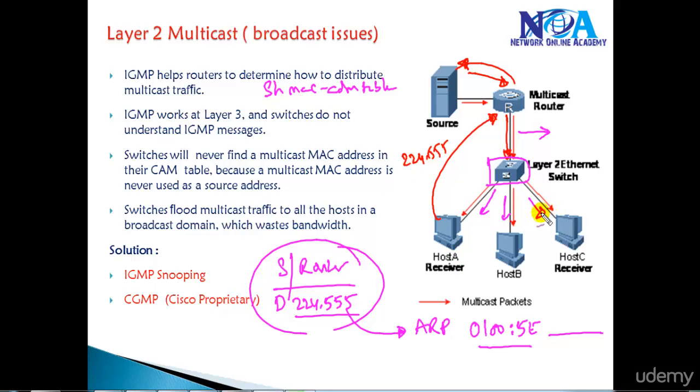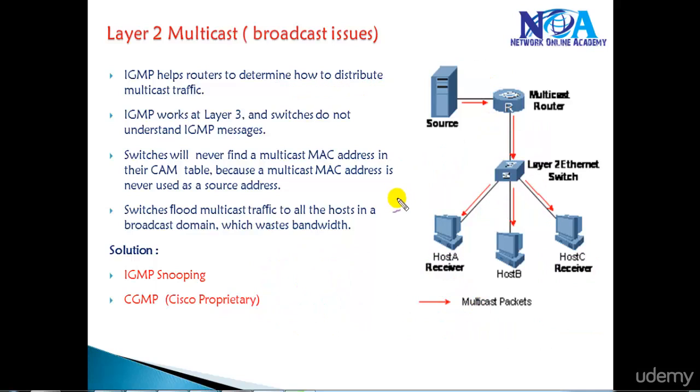Now there is a possibility that this particular traffic is broadcast instead of being sent only to the receivers. I've got two receivers who want to receive the multicast traffic, but as the switch does not know where these hosts are connected, there is a possibility that it gets broadcast, which means your traffic in the LAN may get broadcast if the switches do not identify on which ports the receivers are connected and on which ports we don't have receivers.